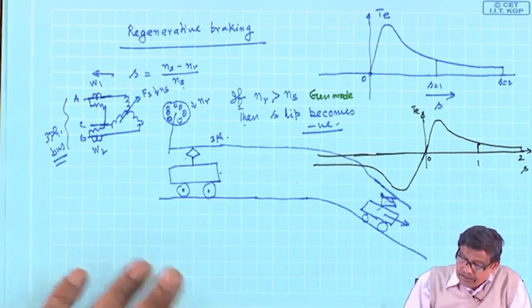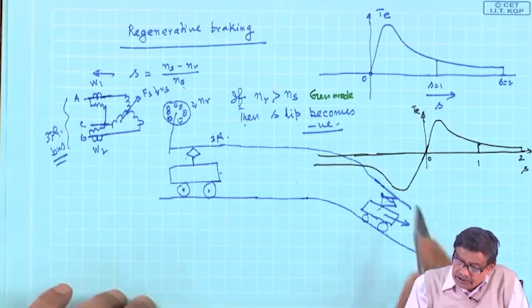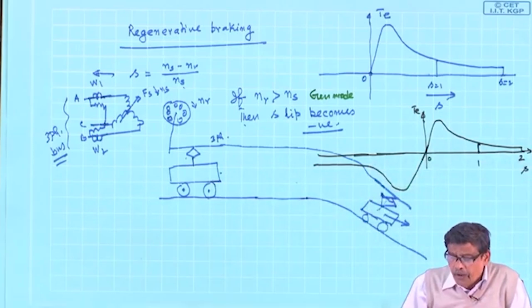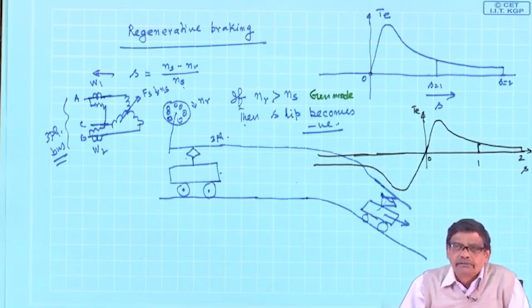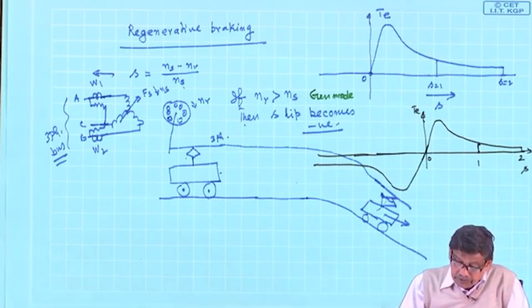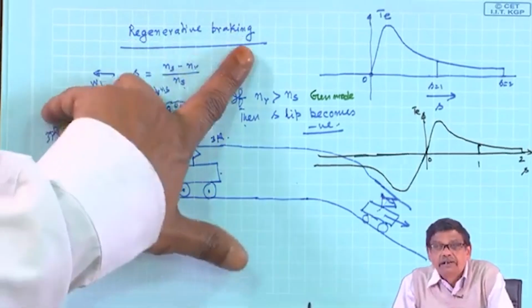So far as operation of this machine is concerned, it can operate as a motor between 0 and 1. Sometimes it may operate with slip 2 minus s when normal braking is executed, say plugging. Sometimes it may produce negative torque when it goes by regenerative braking.